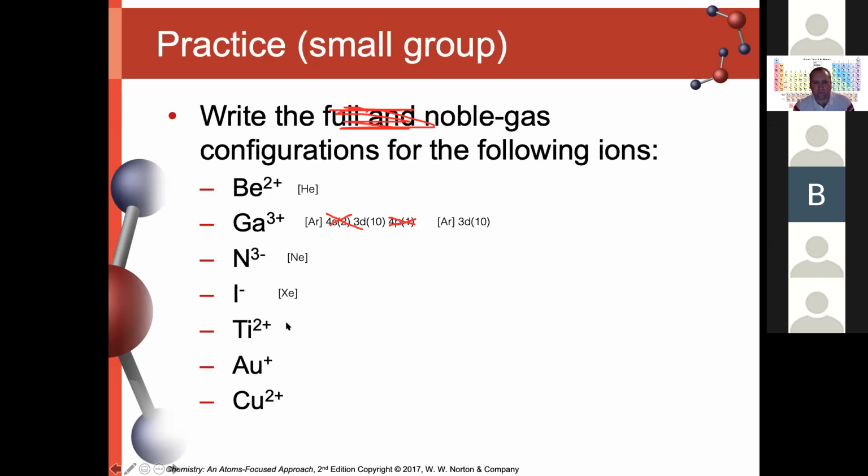Is this one of the trick ones? I got Ar in brackets 1s2. Wouldn't you go back 2 spaces though? 22 minus 2, 20, Ca.